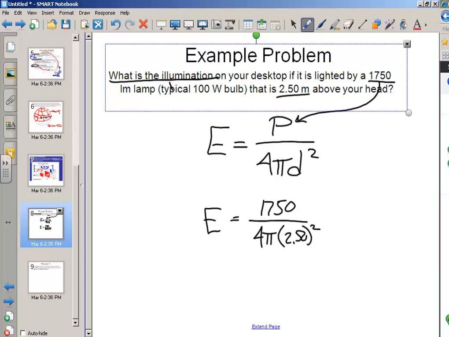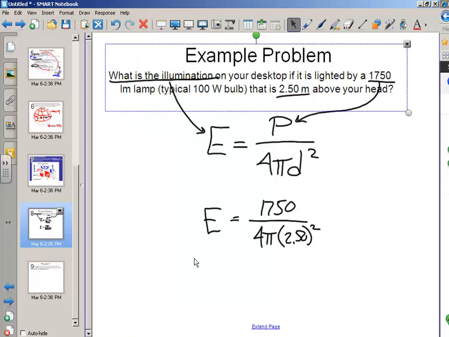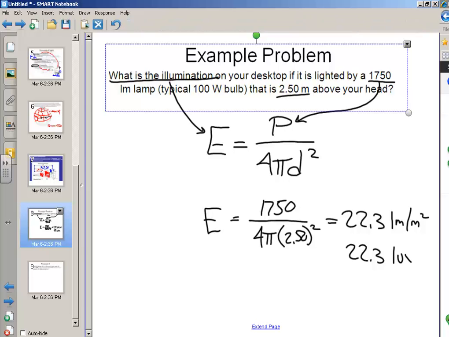What is the illumination? So you just run this through your calculator: 1750 divided by, remember your parentheses, 4 pi times 2.5 squared. That is 22.3 lumens per meter squared, or you can say 22.3 lux, L-U-X.